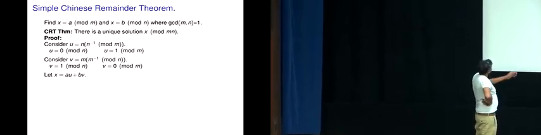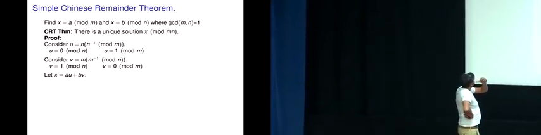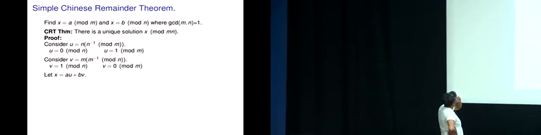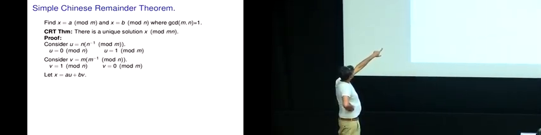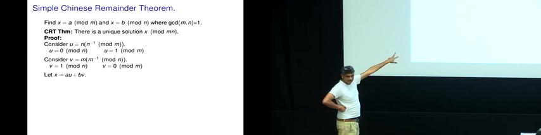X is equal to a times u plus b times v. Okay? A times u is going to get you a mod m, and b times v will get you b mod n, and they don't mess you up across because there's zeros there. Nothing happens.